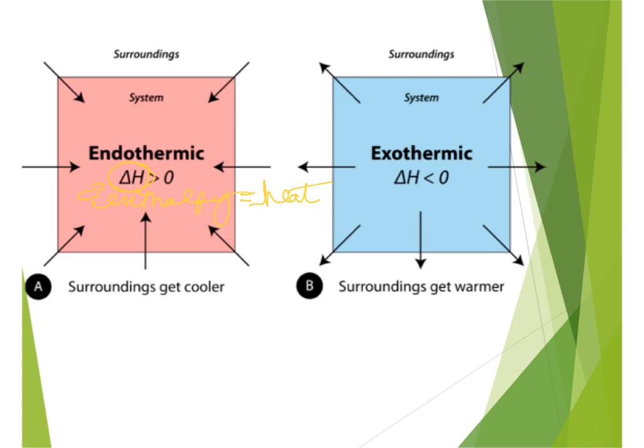So again, if your system is taking in heat from the surroundings, that is an endothermic process, and the enthalpy, or heat of the system, has a positive sign, which simply means it's greater than 0. On the other hand, if the system is giving off heat, like combustion, that means it is an exothermic process, and we give that a negative sign for the system.